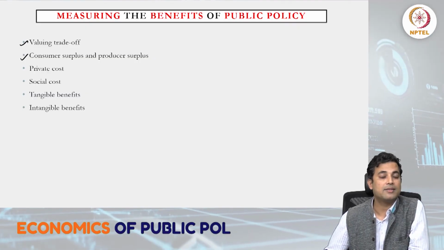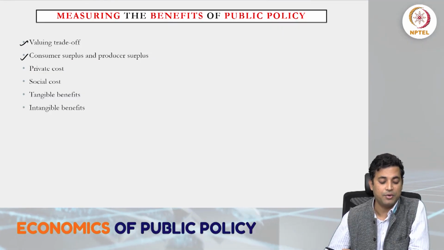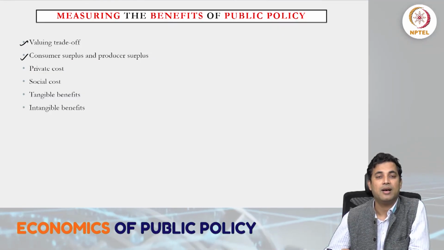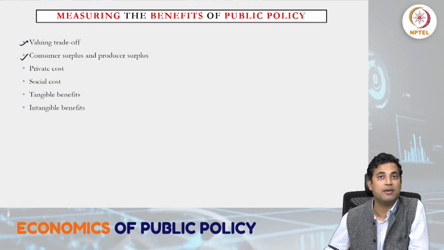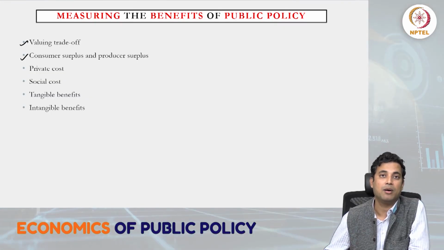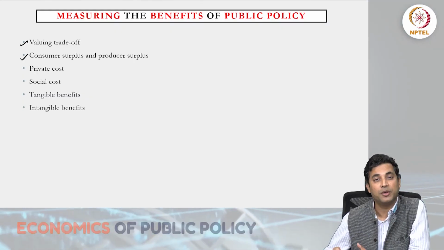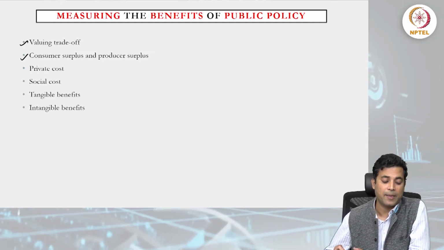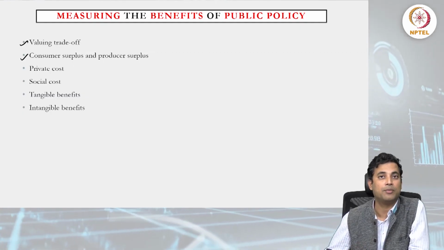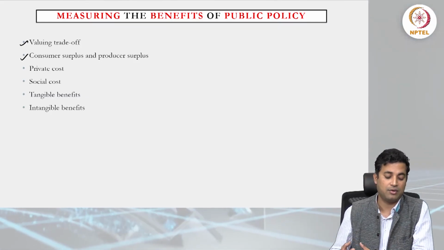So from the benefits and cost point of view, it is very important to understand the reservation price for the consumer side, and also the minimum price for the producers, to understand the overall value of the public policy or any commodity.